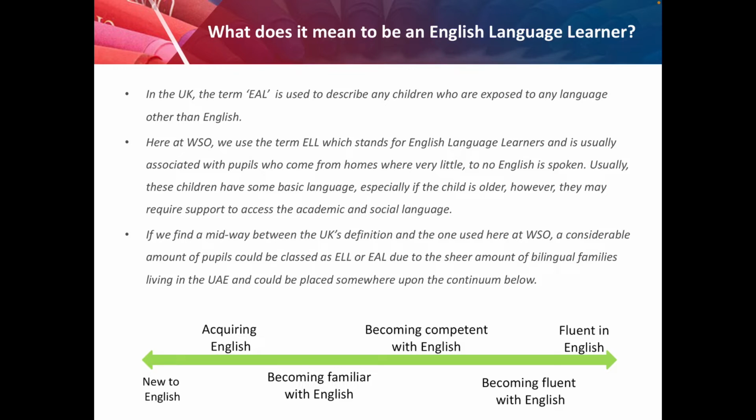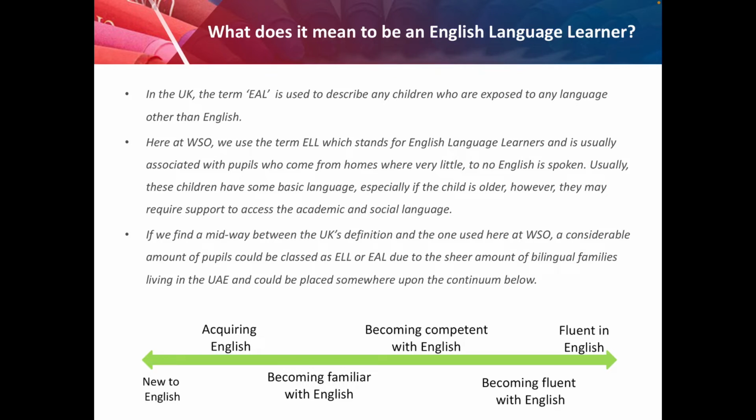Here at WSO, we use the term ELL, which stands for English language learner. It's usually associated with families and children with little to no English. Usually these children do have a little bit of basic language. However, they may require some extra support in order to access academic and social language.